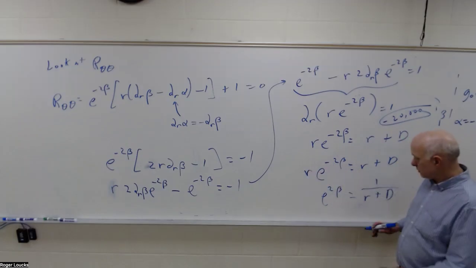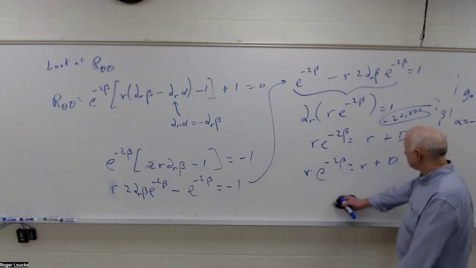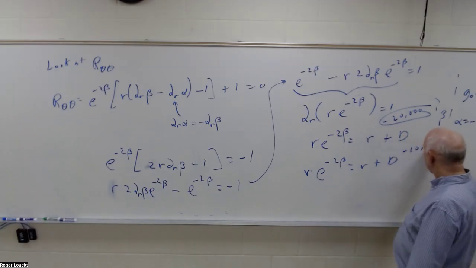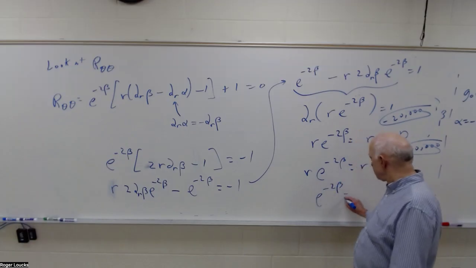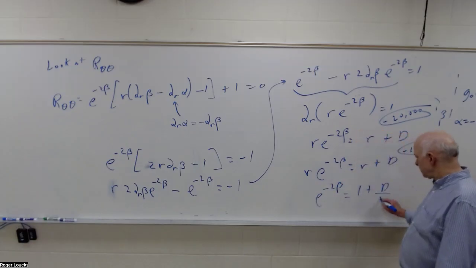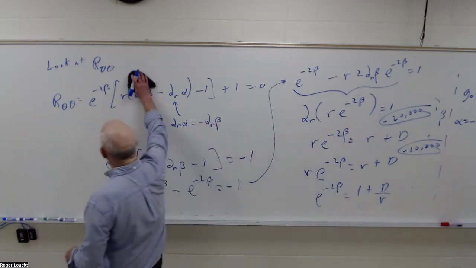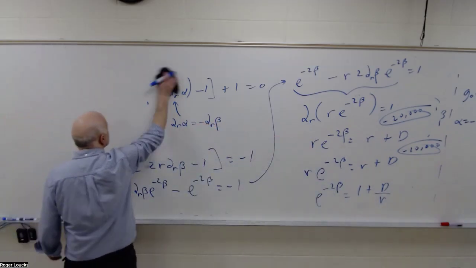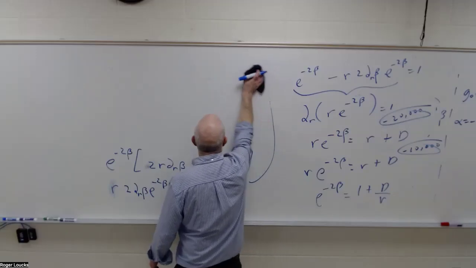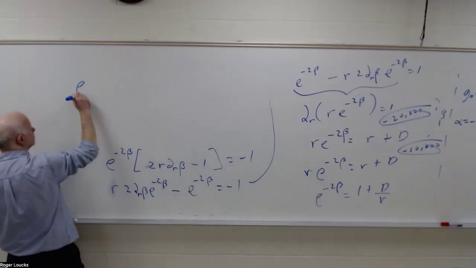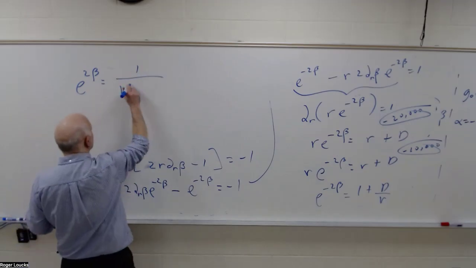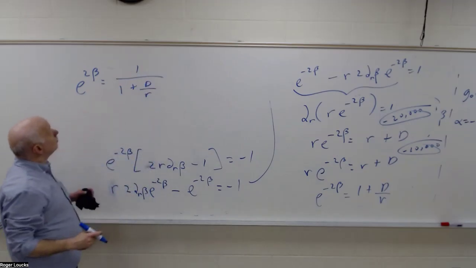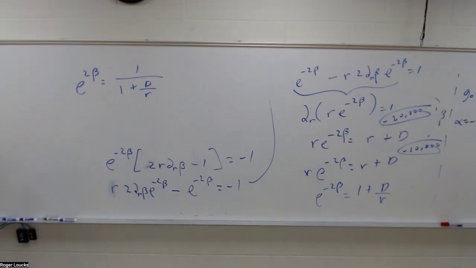Okay, divided through by the R, that gives me 1 plus D over R. And now I finally have the correct term: e to the 2 beta, 1 over 1 plus D over R. Right?